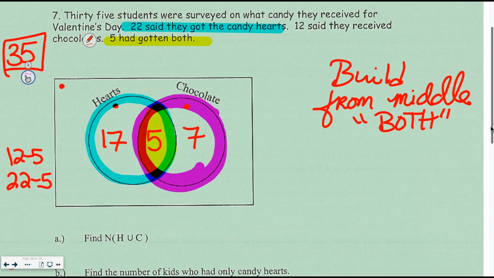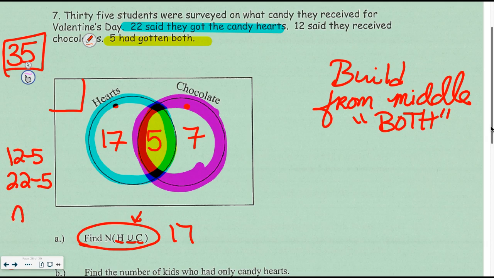So now the only missing number is, well, how many are outside of these and didn't like either one? Well, that's what this is saying. How many liked hearts or chocolates? Well, the 17, and you don't really need to know this notation, I don't think, but if you do this, N means the number. This means hearts or chocolate. This would be hearts and chocolate. All right, and that would be 5.